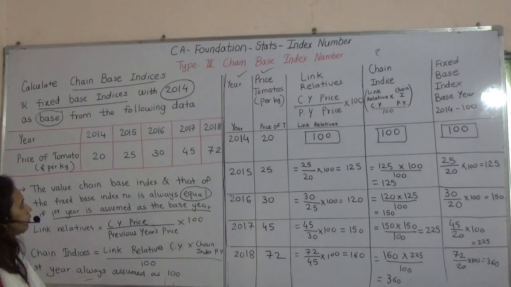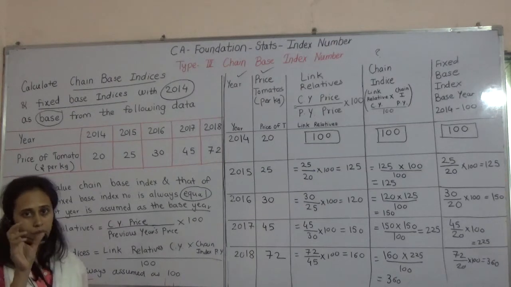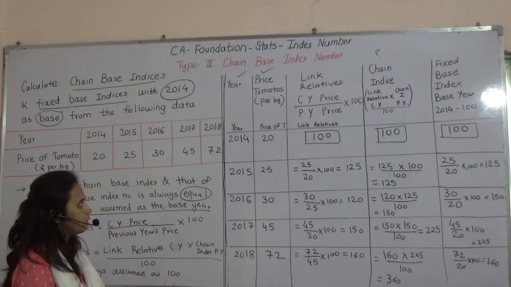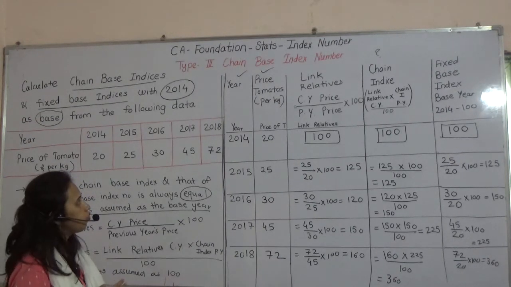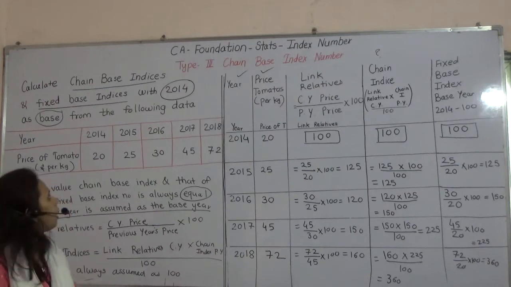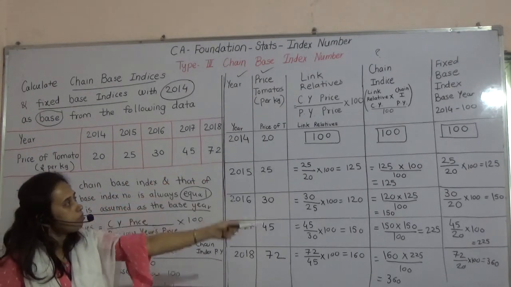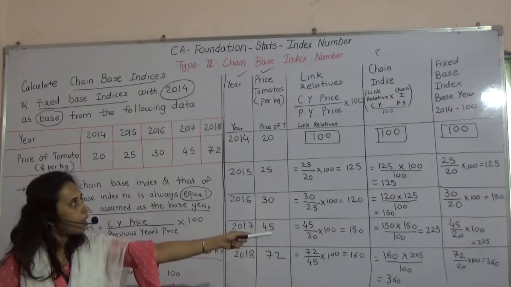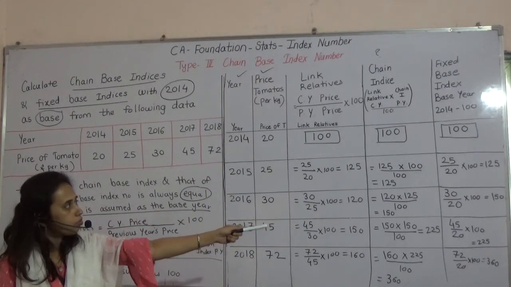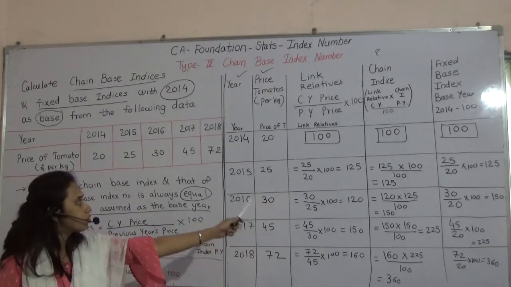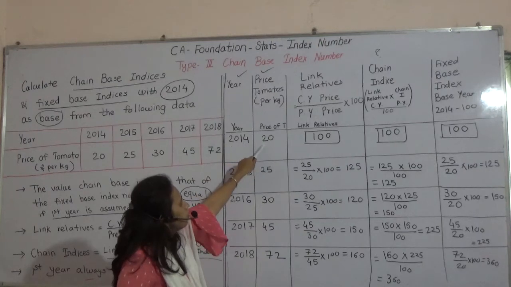One more time I am telling you, for calculation of fixed base indices, the base is fixed. Base is fixed means base year is fixed. Here in the problem itself, they have given 2014, consider 2014 as the base year. That's why in the last column, for the calculation of fixed base index, everywhere I have divided by the 2014 price data.